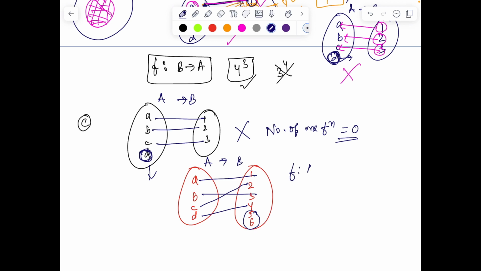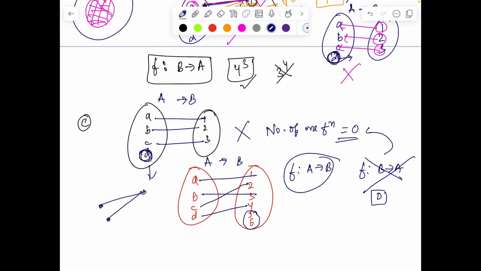So even if 5 and 6 are left, still it's a function operating from set A to set B. So it's very important whether the function is operating from A to B or B to A. If it is B to A, because of the above reason, the number of 1 function is still 0. Okay, 1 function means one arrow, one target. You can't hit one target with multiple arrows, like in Bahubali where two arrows hit one target. Then it is called many-one, meaning many inputs, 1 output.